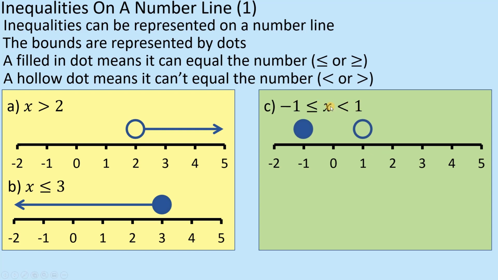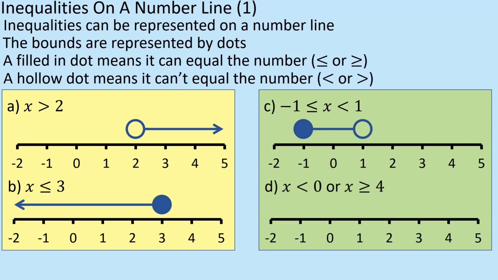Because my x is in between those two values, I'm not going to put an arrow that way and an arrow that way. That's going to look a bit daft. So all you do is draw a line in between them to say it's anything in between. That's how we represent a value which is in between two.